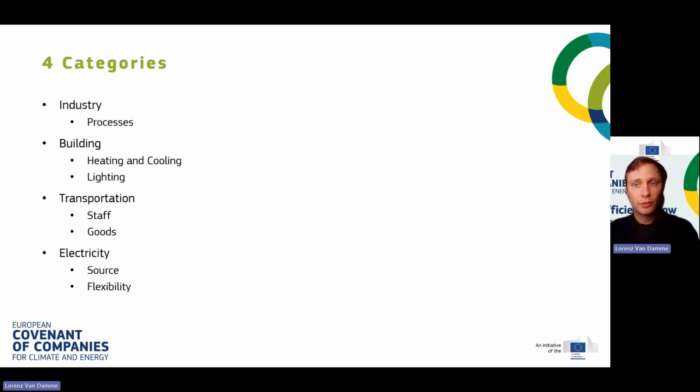If we go into more detail, we'll see that we have 4 categories that we could talk about here when we're talking about energy efficiencies in companies. The first one is called industry. What we're mainly aiming at with this are the processes. Depending on the type of company you are, this might be a smaller or larger part of your energy usage, especially for manufacturing companies.